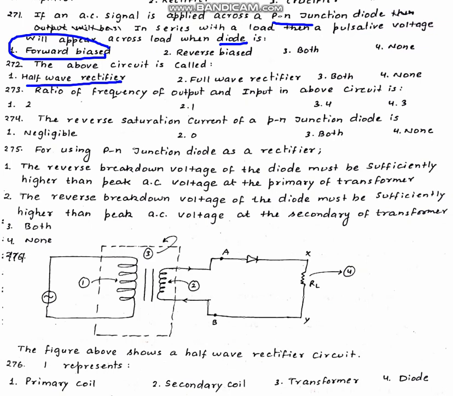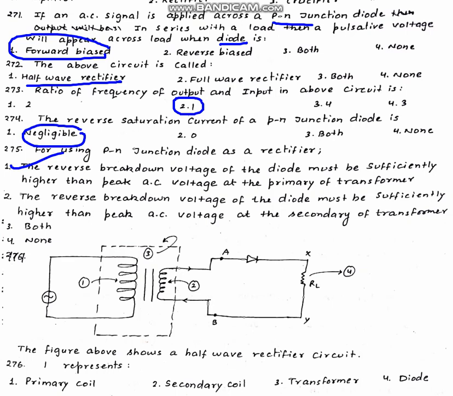Next, the ratio of frequency of output and input in the above circuit is 1:1. Next, the reverse saturation current of a PN junction diode is quite negligible. So first is correct. Next, for using a PN junction diode as a rectifier, the reverse breakdown voltage must be sufficiently higher than the peak voltage. Obviously first is correct.